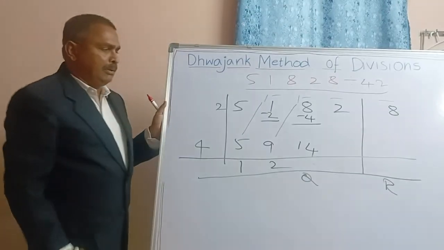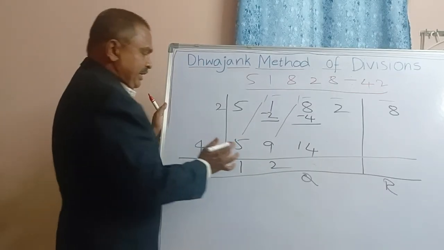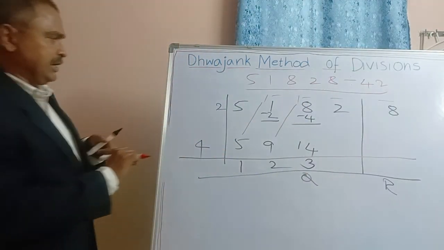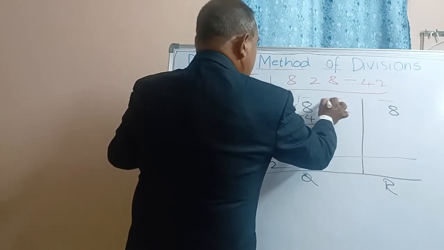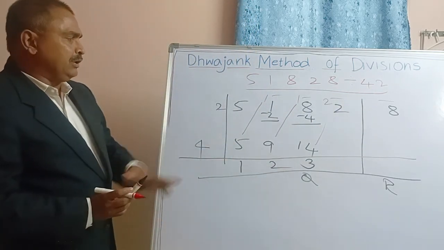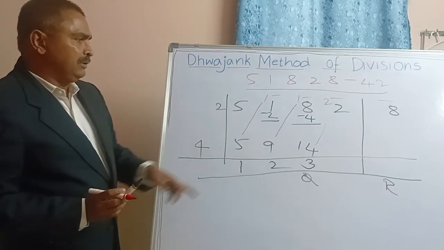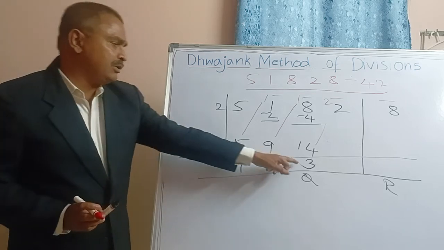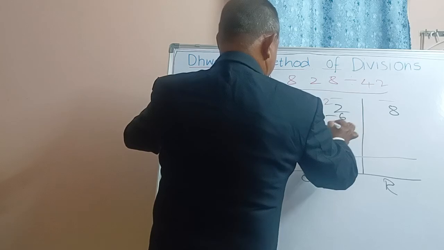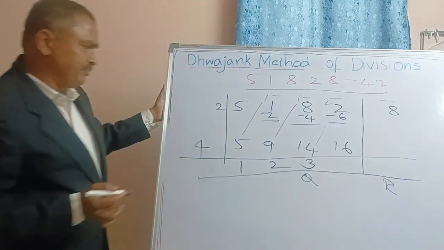Again, we got number on baseline. Divide with base number. 14 divided by 4. 3 4s are 12. What is the remainder? 2 is the remainder. Again, we got quotient. We have flag number. Multiply quotient with flag number and subtract from next part. 3 into 2, 6. 22 minus 6, 16.